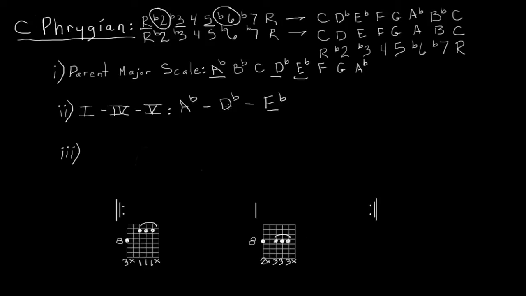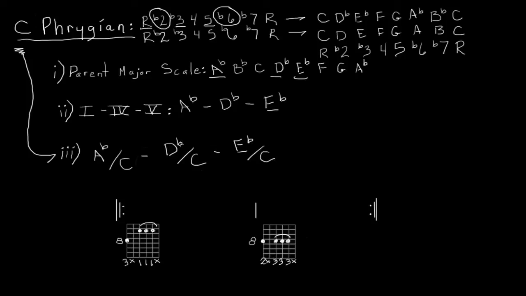Third and final step is to take the root note of the mode that we want and put it in the bass of the 3 chords. So we've got A flat with C in the bass, D flat with C in the bass, and E flat with C in the bass.